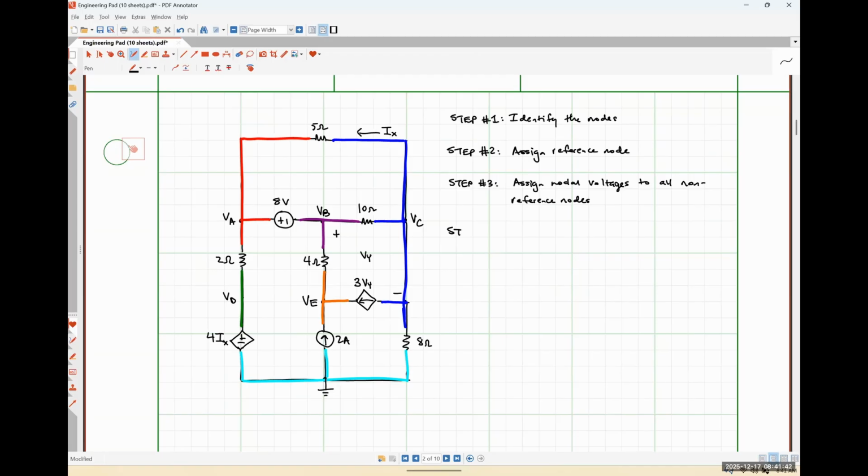Step number 4 will remain the same as well. So what we're going to do, I don't know why I underlined that one and not any of the others, so I'll get rid of that, is we're going to express our controlling variables in terms of our nodal voltages.